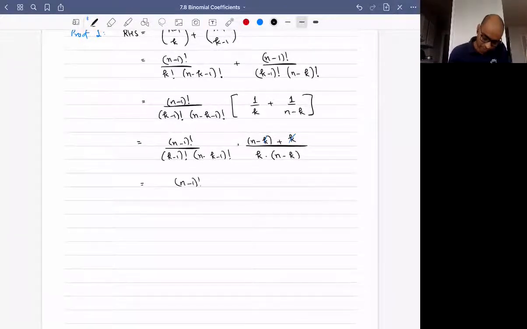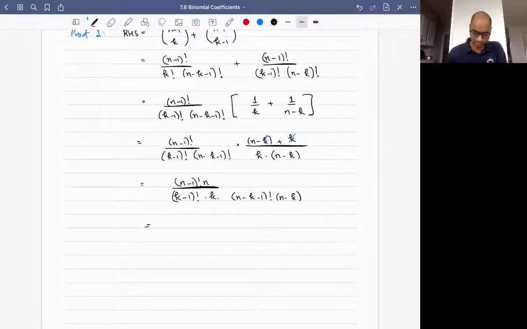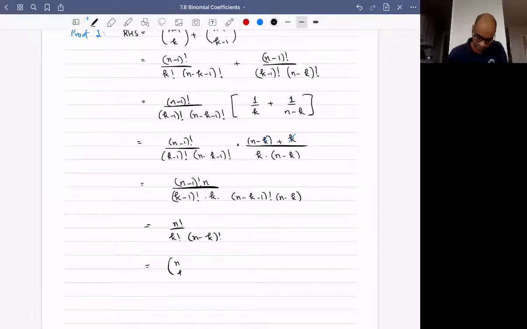So I'll keep the numerator as that. But then in the denominator, I'll move the k to the front. I get this. And now notice that the numerator is n factorial, the denominator is k factorial times n minus k factorial, which is exactly n choose k. And then that completes the proof.